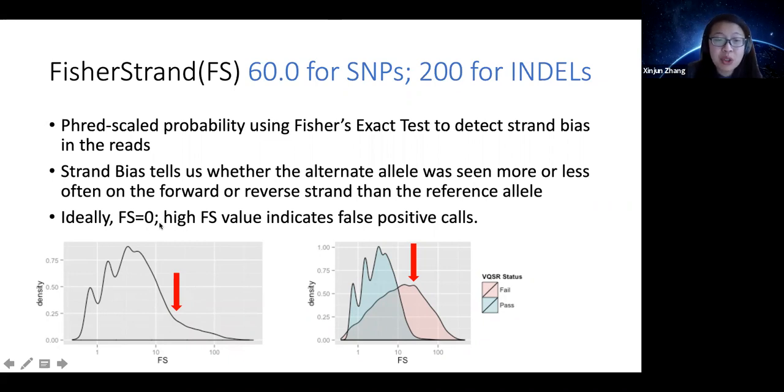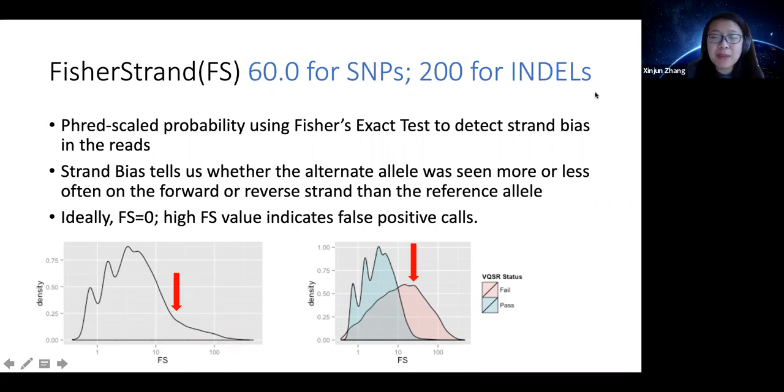If this value is too high, it means that specific site may be a false positive. If you look at the distribution of this statistic in our raw data, and also look at the ones that didn't pass the machine learning training, GATK figured that putting this at around 60 is a good threshold for SNPs.